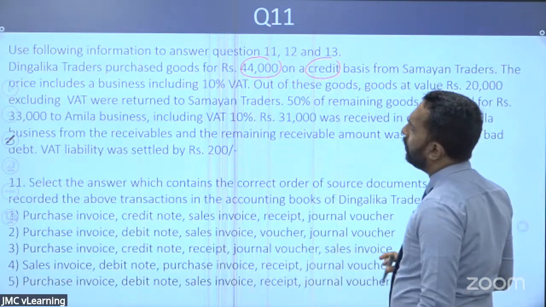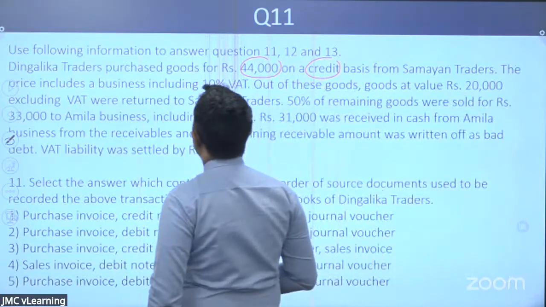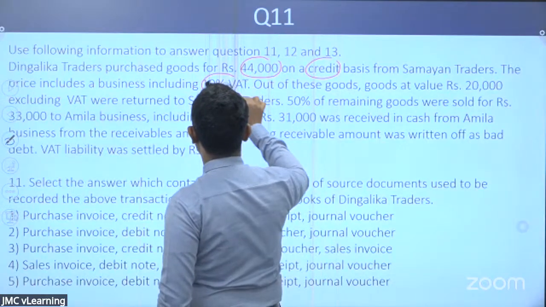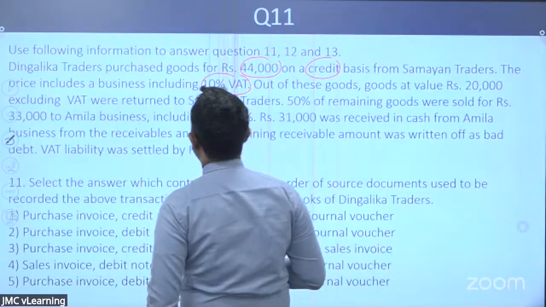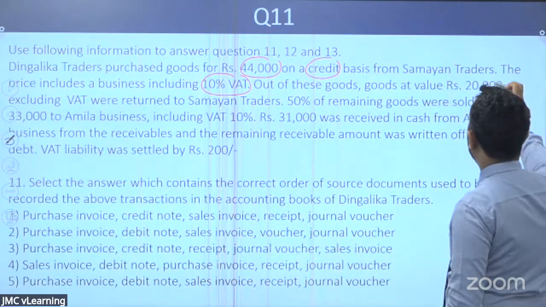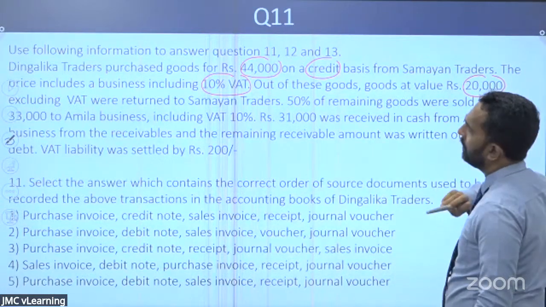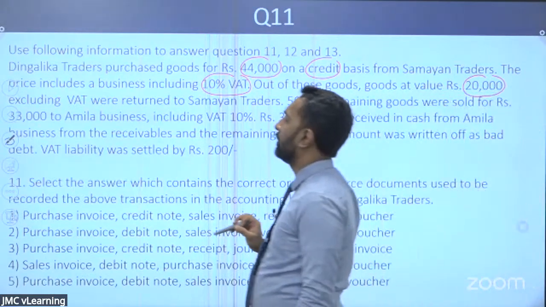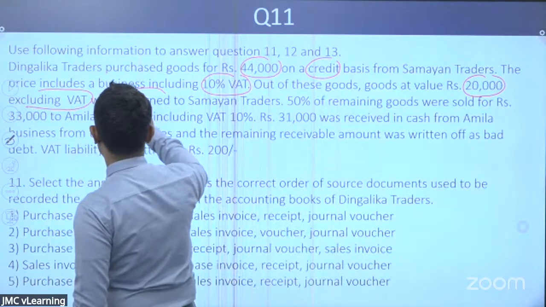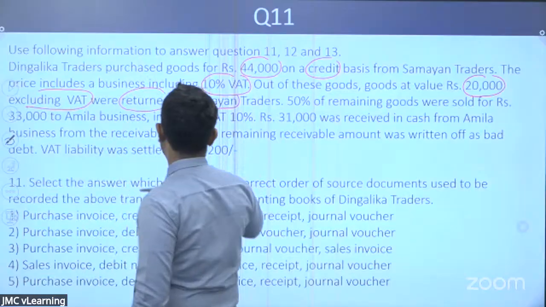The price includes 10% VAT. And out of these goods, at a value of rupees 20,000, excluding VAT, were returned to Samayan traders.